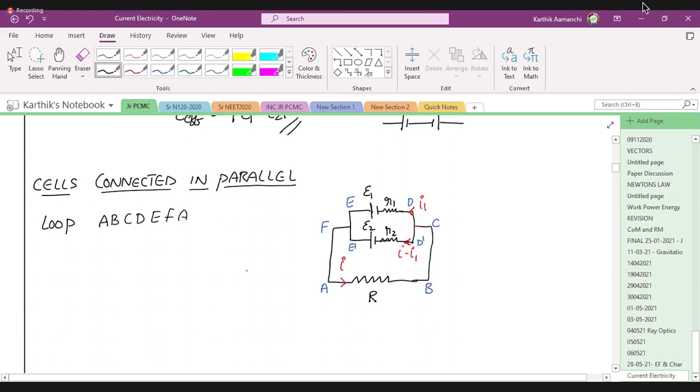A to B is a potential drop, IR. So D to this one is also a potential drop, plus I1 R1 minus epsilon 1. Sir, you have told us the loop law before. It's very simple.